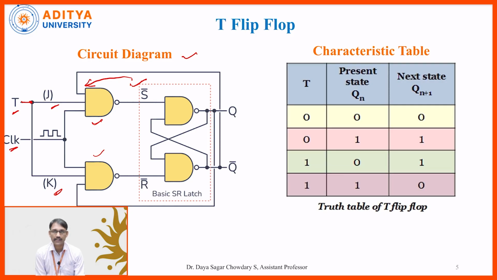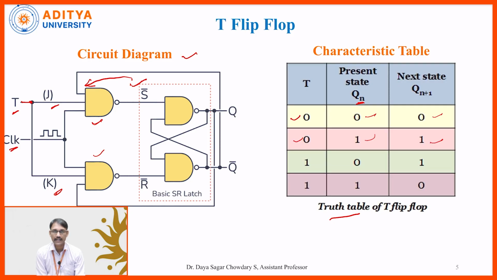Now coming to the characteristic table, or truth table. Whenever the clock signal is enabled and T is equal to 0, whatever the present state Qn is, the next state also simply follows the present state.